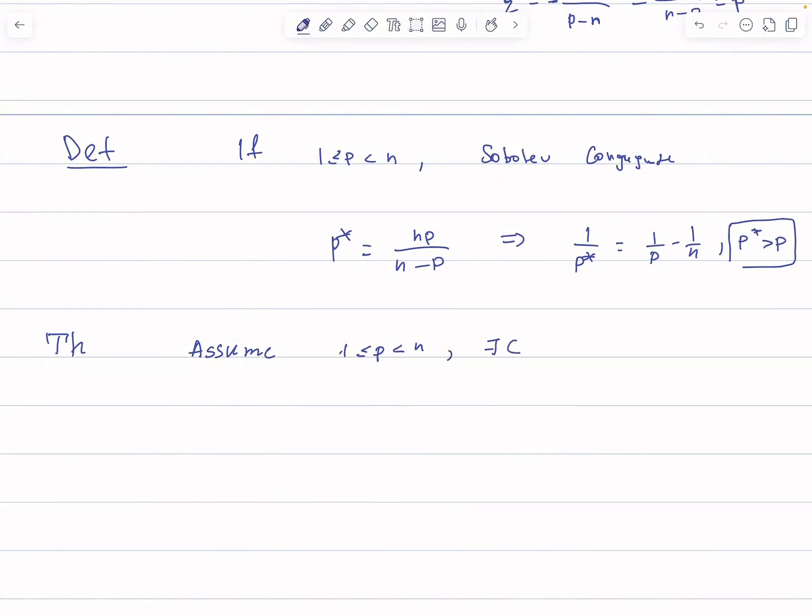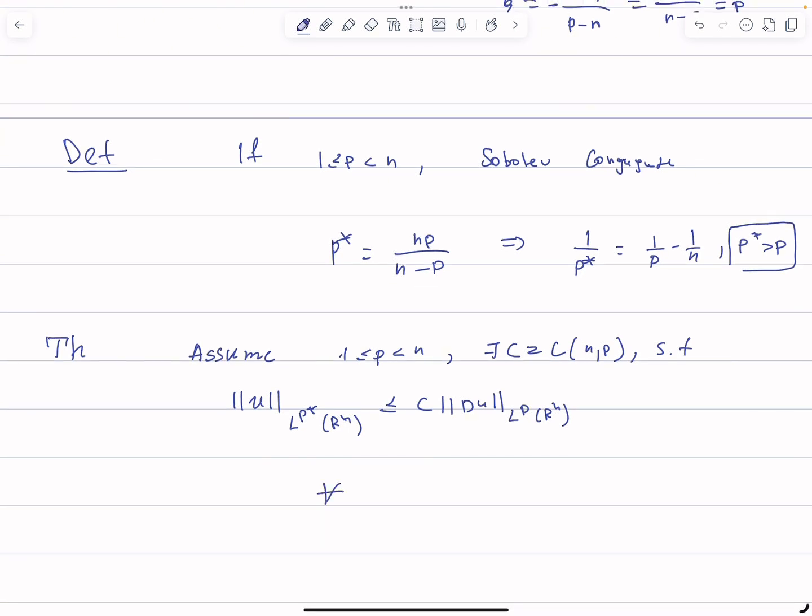Then there exists c, which depends only on n and p, such that the inequality norm of u in L^p star in Rn is less or equal c times norm of Du in L^p in Rn, for all u which is compactly supported and has a continuous derivative.